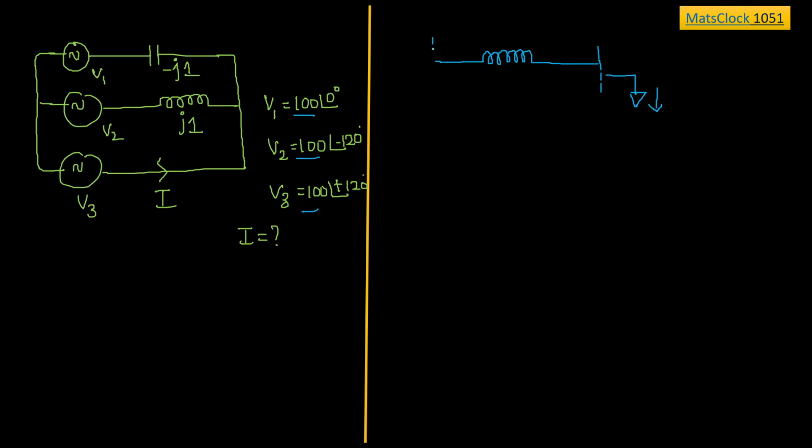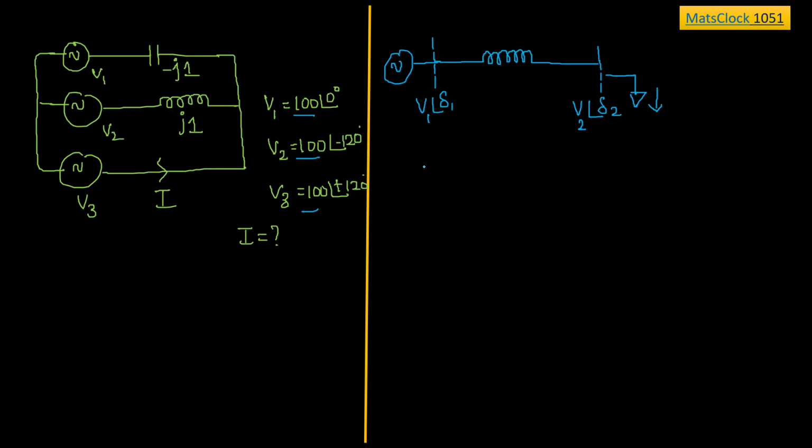And at the sending end also we will have a bus, and this portion is connected with our superstar, that is the alternator. Here we will be mentioning the voltages V1 at an angle delta 1, and V2 at an angle delta 2.